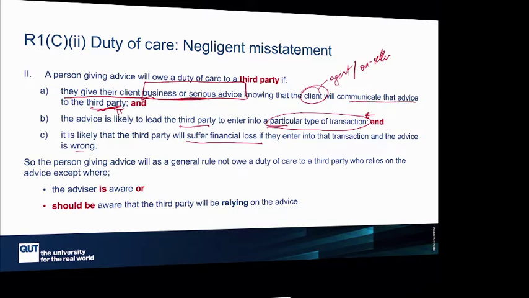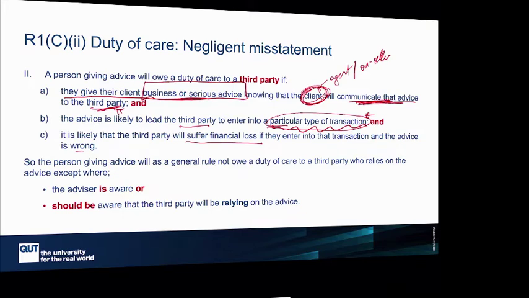Okay. So what we're having here is someone who's preparing advice for a specific person, kind of their client, to on-sell, or at least inform, if not on-sell, to communicate to a third party. And that advice is to enter a particular kind of transaction, like an insurance product or an investment product.